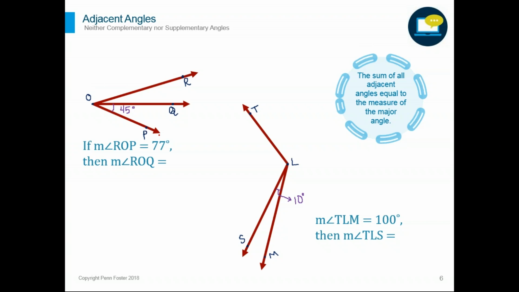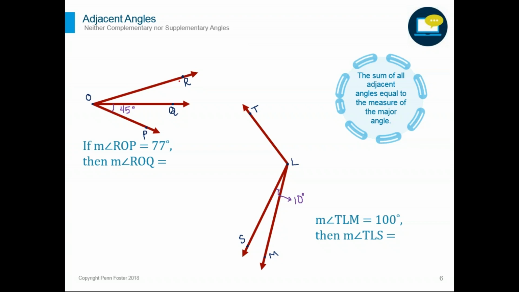Some students think that when two angles are adjacent, they have to be either complementary or supplementary. That is not true. They are only complementary if the sum is 90 degrees, and supplementary if the sum is 180 degrees. Otherwise, it's going to be neither of the two.